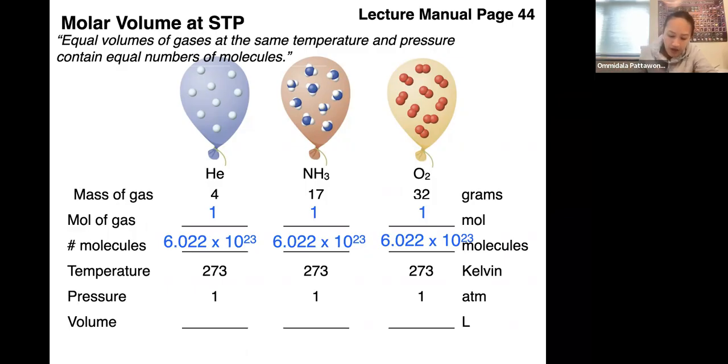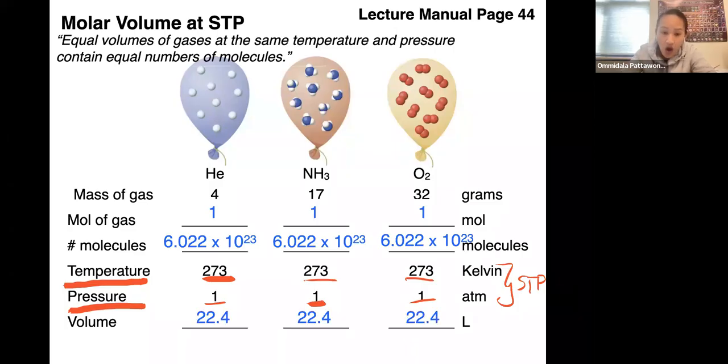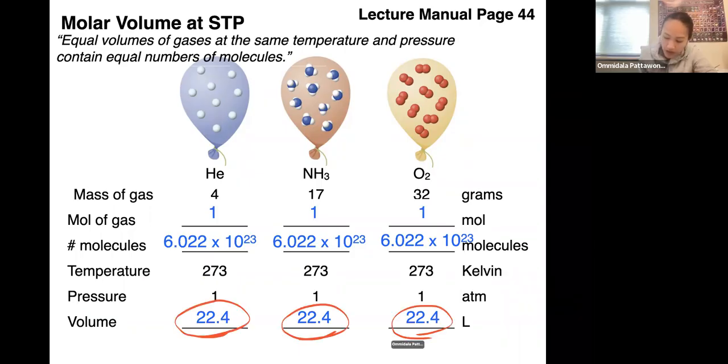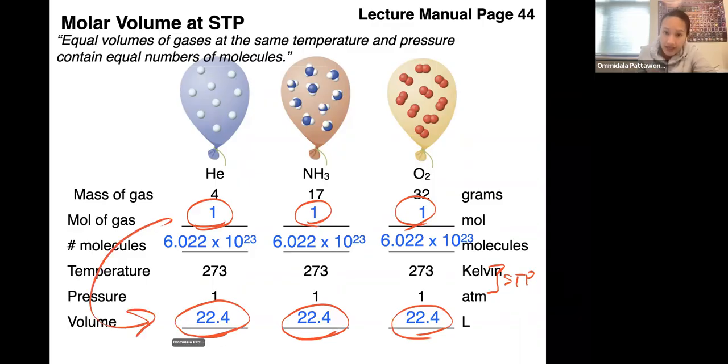If these gases are at the same temperature and same pressure, in this case at standard temperature and pressure, you are going to be able to say that they all occupy the same volume, because this volume is per 1 mole of gas. So if you have 1 mole of gas at standard temperature and pressure, you end up with the same volume for each of those gases.